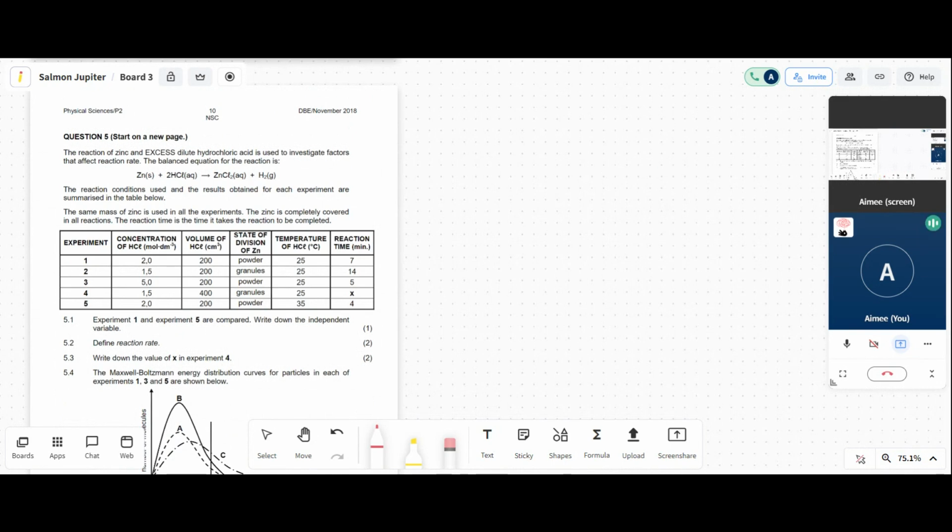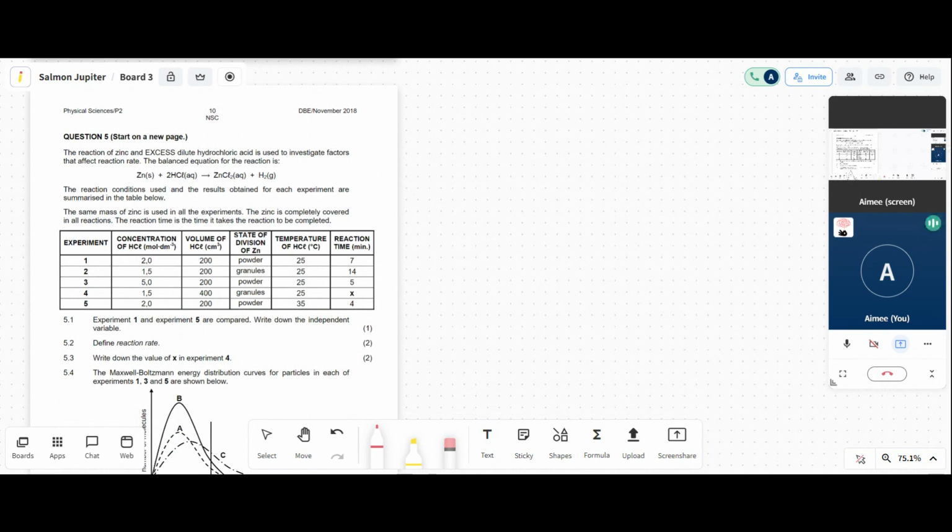Experiment 1 and 5 are compared. Write down the independent variable. So what are we changing? What's different? So remember, the independent variable is the variable that goes on your x-axis, and it is the variable that is manipulated by you, the researcher, the scientist, the investigator. Okay? It's not what you're trying to observe.